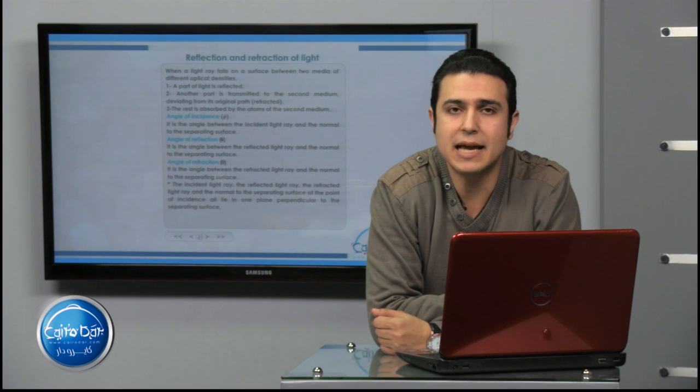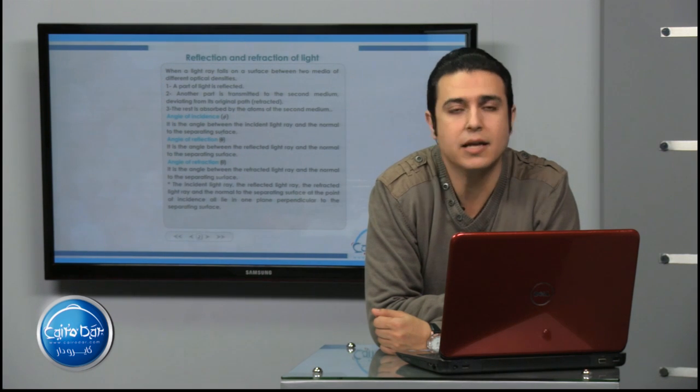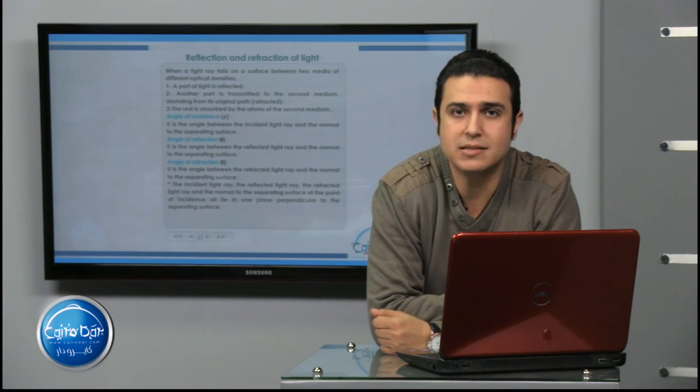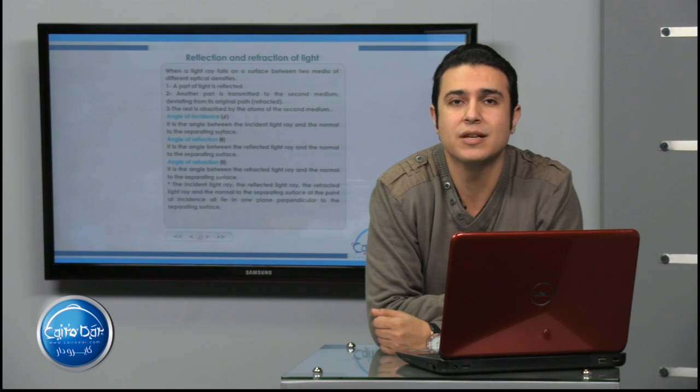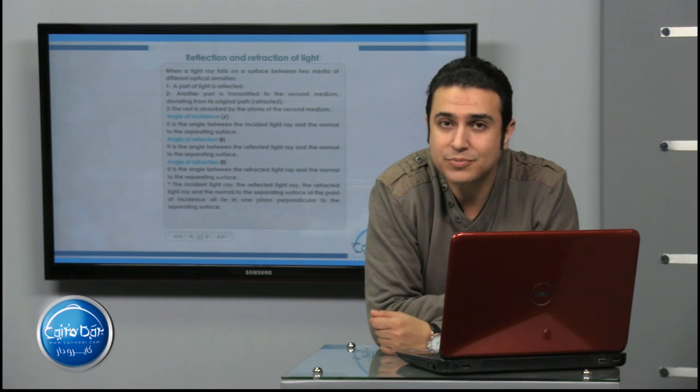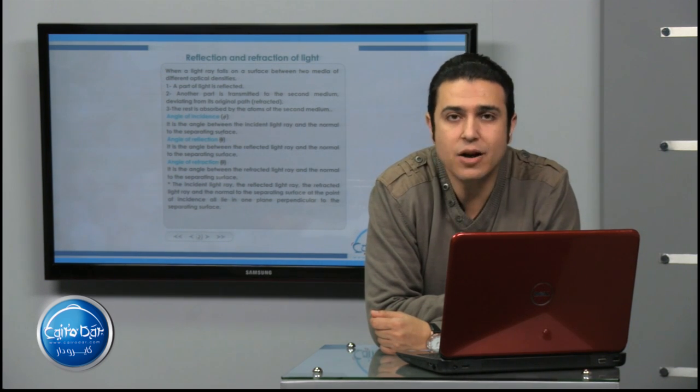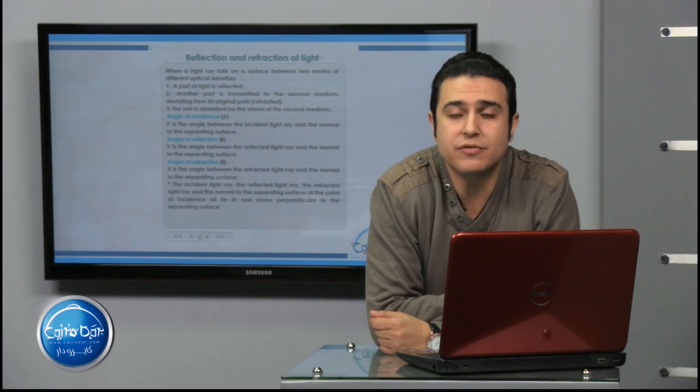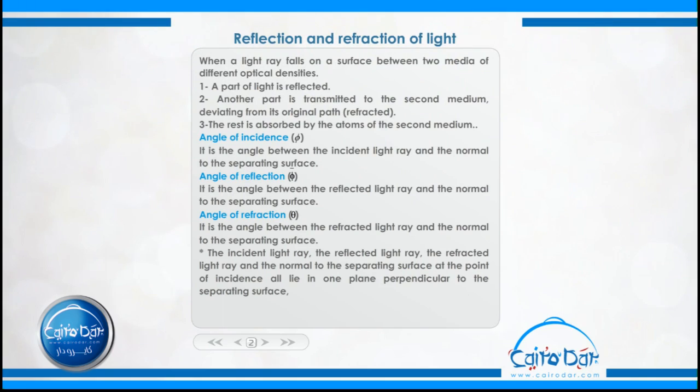What's meant by angle of reflection? Angle of reflection is the angle between the reflected light ray and the normal line at the point of incidence on the reflecting surface. Angle of refraction means the angle between the refracted light ray and the normal line.